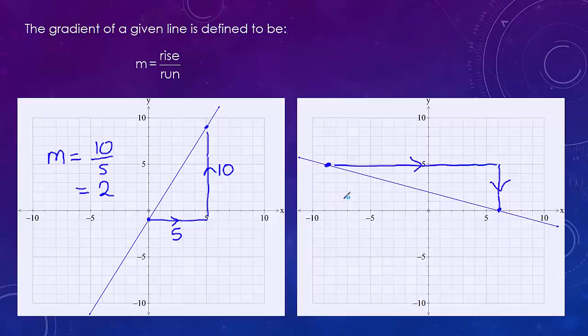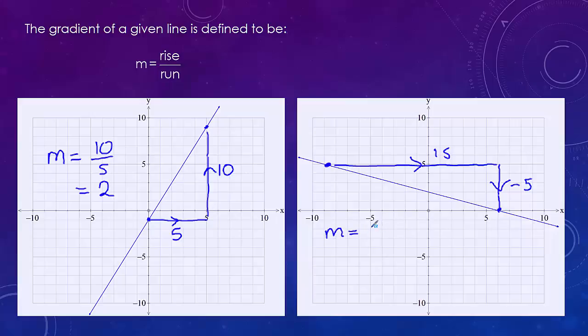So how far across have I gone? Well, that's at -9, and I've gone across to 6. So 9 and 6, that means I've gone 15 across. And I can see I've gone 5 down. Downwards is -5. So always go across to the right first, and then either you go up or you go down.